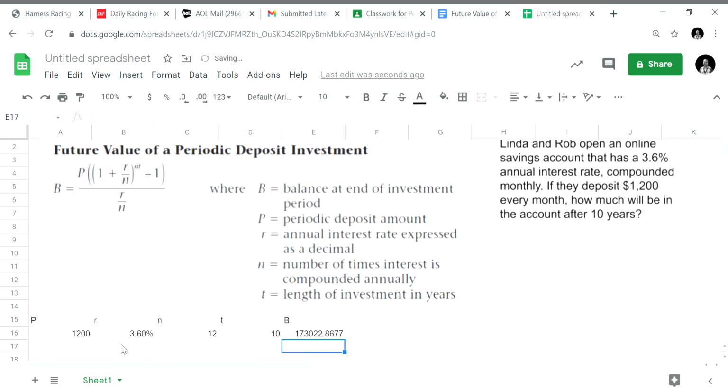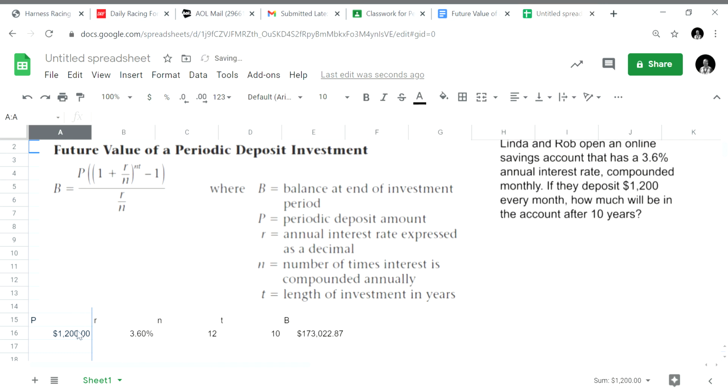Yes, we did. Oh, now, you notice this is supposed to be money, and I see 0.8677. That's not rounded to dollars and cents. That's because I forgot to make the A, which is your periodic deposit amount, into money. Now notice on the rate, you have to do the percent ahead of time, but the money you can do after. So I'm going to come over to column A. I'm going to click the currency symbol.